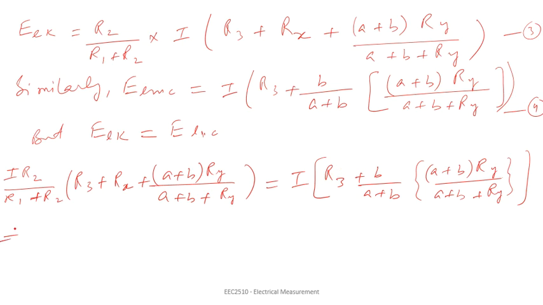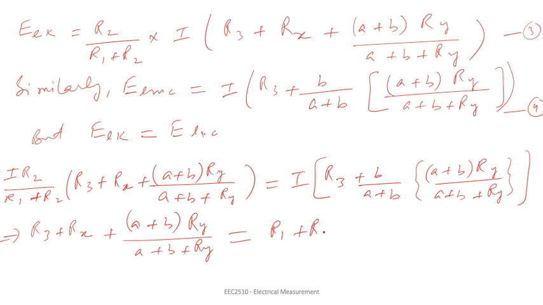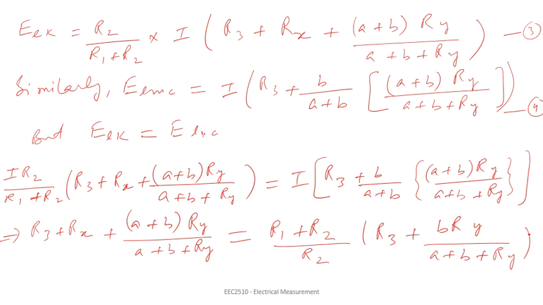So you can get from here R3 plus Rx plus (A plus B) times Ry upon (A plus B) plus Ry equals R1 plus R2 over R2 times (R3 plus B times Ry over A plus B plus Ry).